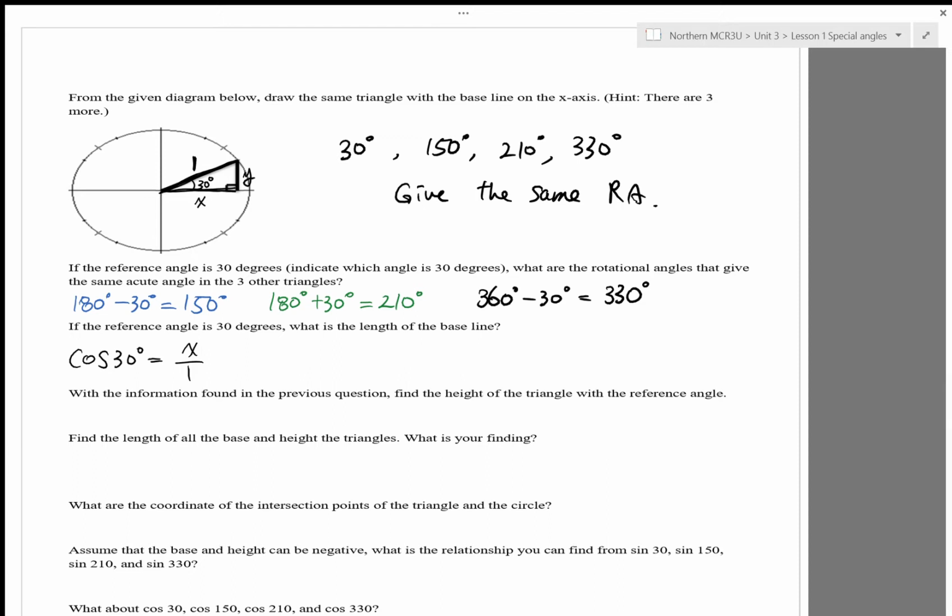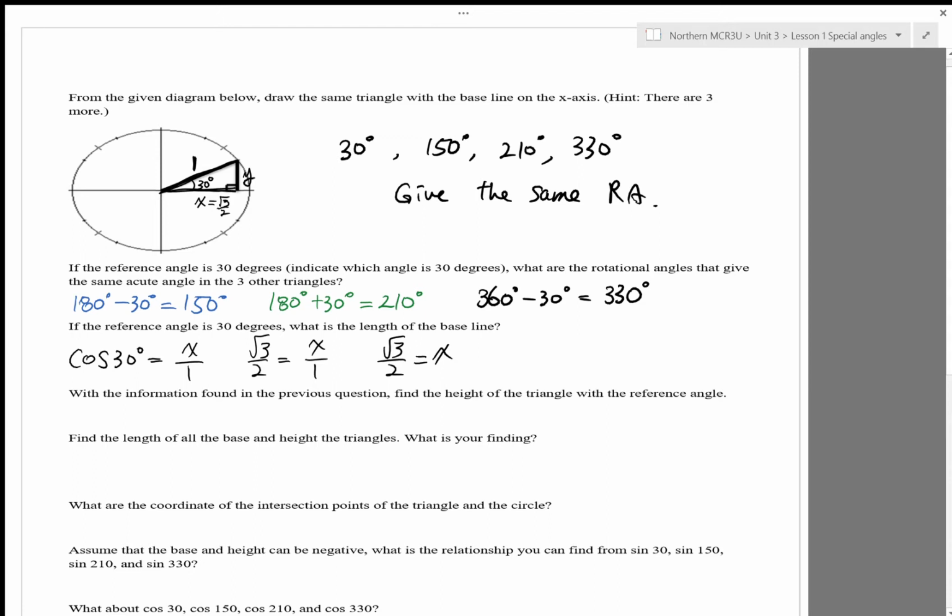And hopefully you memorized this already, that cosine 30 degrees is the square root of 3 over 2, which gives me then x over 1. So this basically tells me that square root of 3 over 2 is my x. So my x is then square root of 3 over 2.